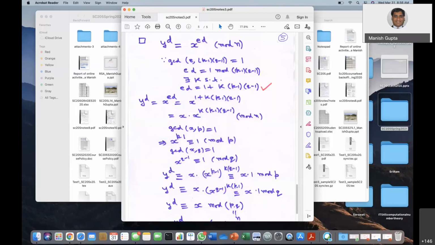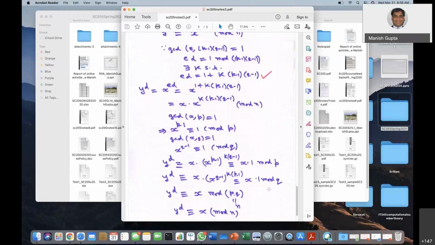So this internal quantity is 1 mod p. So this is x times 1 raised to power k times q minus 1. This whole thing will remain 1. So y raised to d is congruent to x mod p. Similarly, you can show that y raised to d is also congruent to x mod q. Now using Chinese remainder theorem, y raised to d is congruent to x mod p into q, which is the product of these two, which is n.